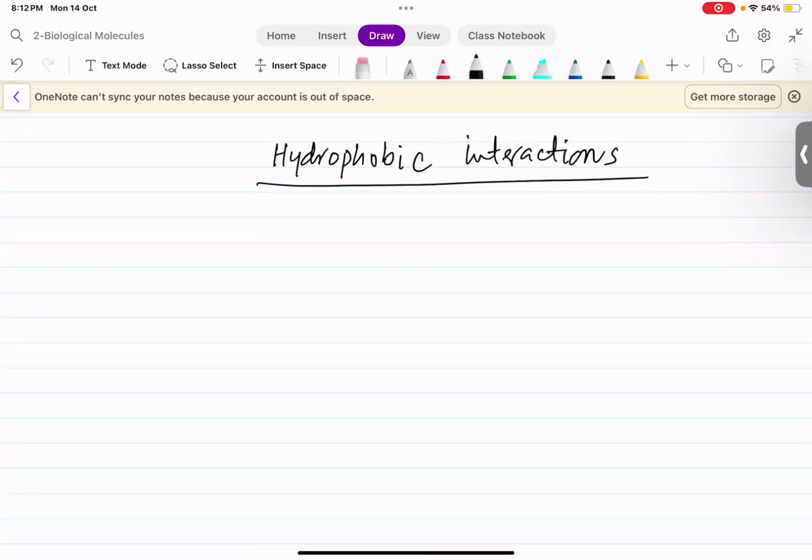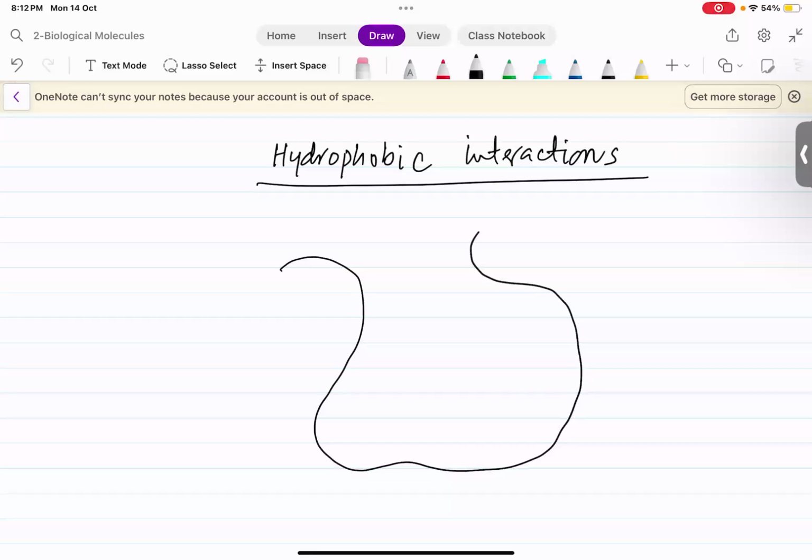For example, if this is a folded polypeptide in a tertiary structure, and this part of it contains an amino acid, which is N, C, and C. This represents an amino acid. This is the central carbon, C here. It has an R group present here. This has double bonded oxygen, and this obviously has hydrogen here. This has hydrogen here. So this is one amino acid.